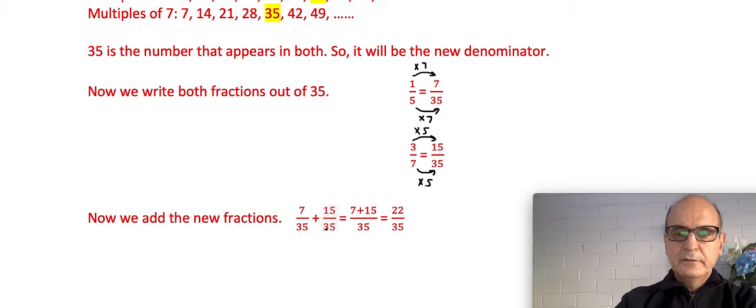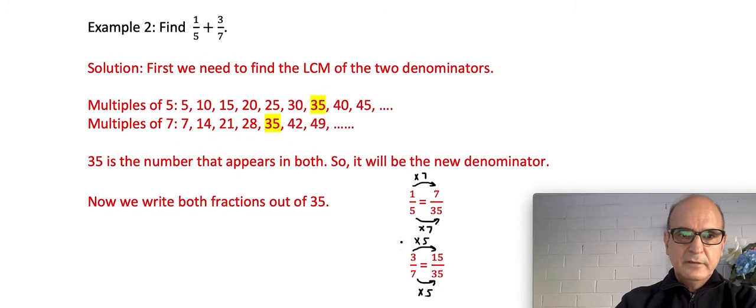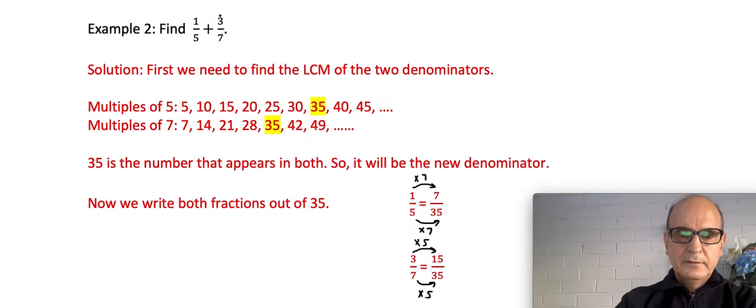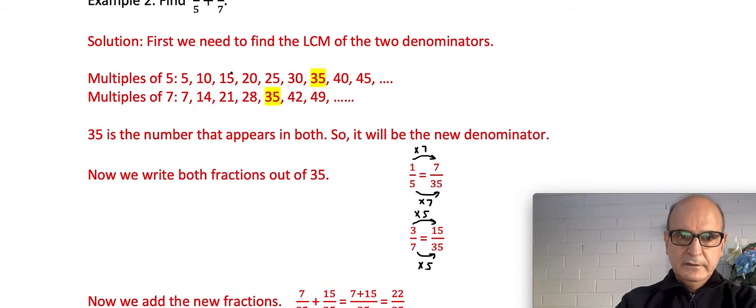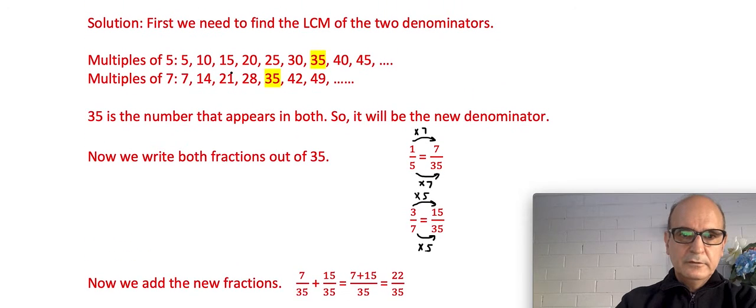Now because the denominators are the same, like case 1, I can keep the same denominator and add the numerators. 7 plus 15 gives me 22. So 22 over 35. So my answer to the sum of 1/5 plus 3 on 7 is equal to 22 on 35.